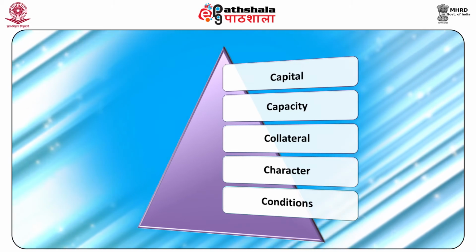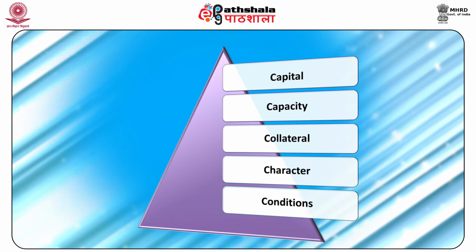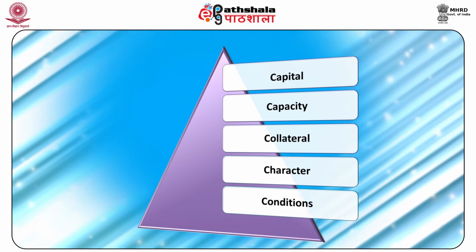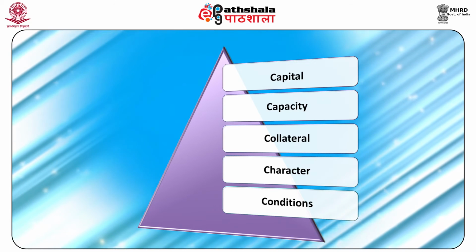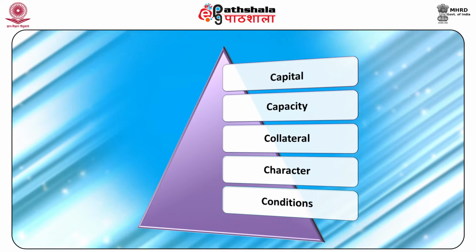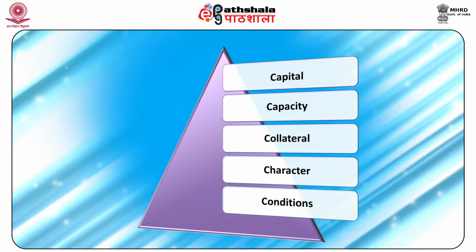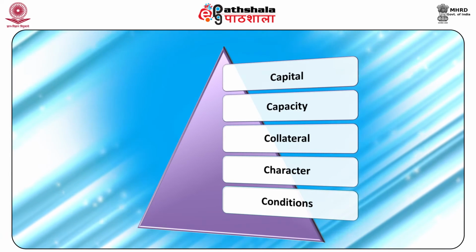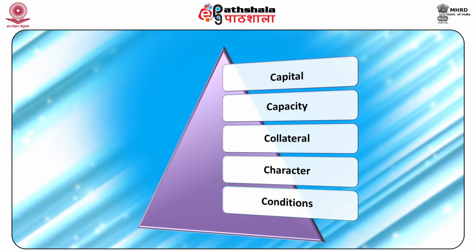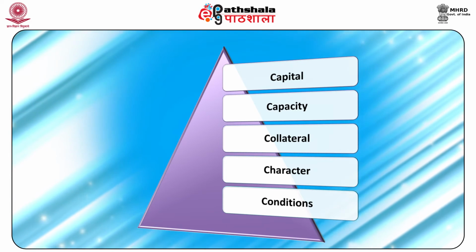Next C, or the fourth C, is character. Banks try to evaluate the character of the entrepreneurs on the basis of intangible factors such as honesty, intelligence, competence, ability and determination, and extend loans only to those entrepreneurs whom they deem fit. The last and the final C is the conditions.